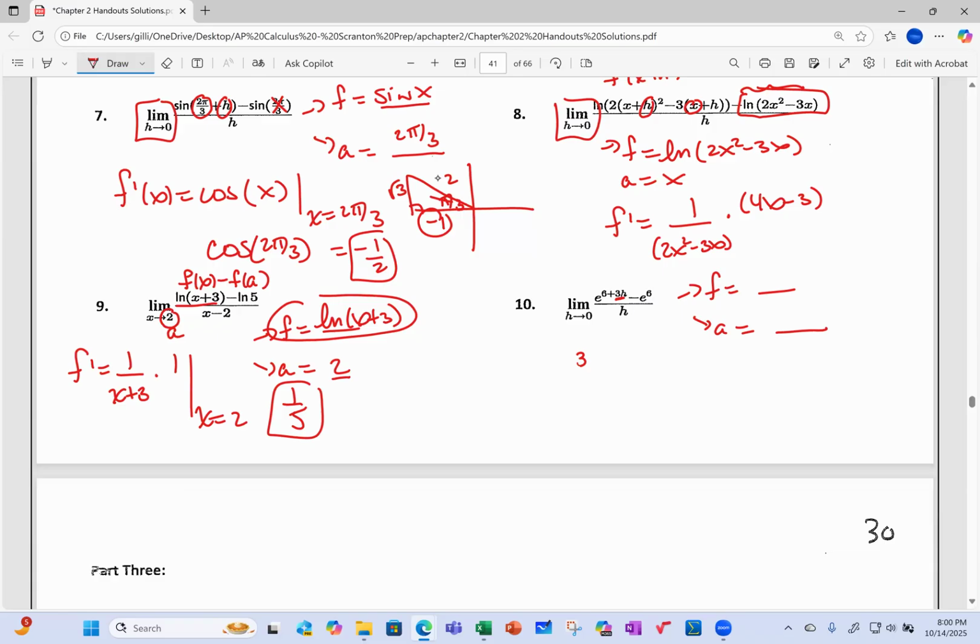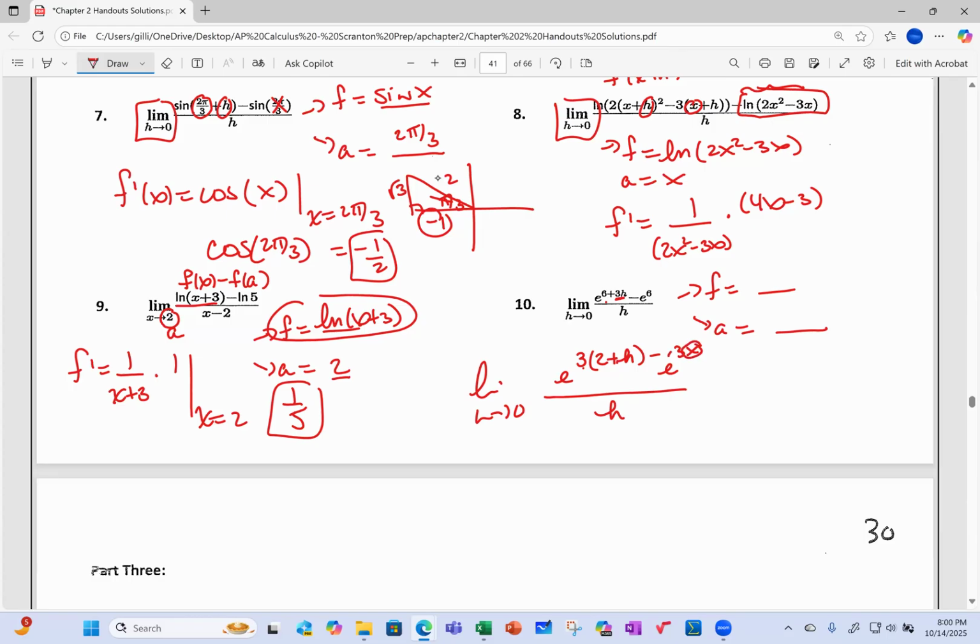So if you take out a 3, you're left with 2 plus h then, minus, I'm going to make that e to that power, and that would be minus e to the 3x all over h. You're like, well, how did you get that? Because of the fact, if I let h go to 0, I would get e to the 6 minus e to the 6, but I meant that if I distribute it back, I'd get 6 plus 3h, and then when x is 2, I would get e to the 6 power.